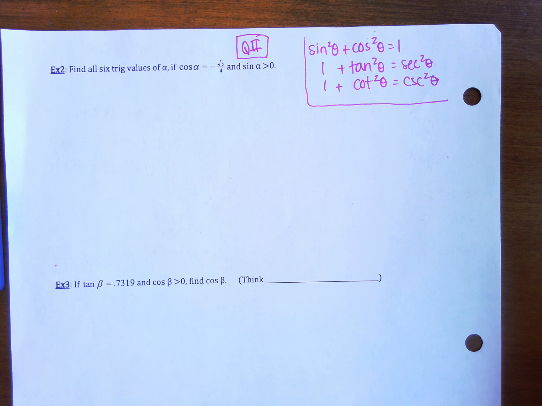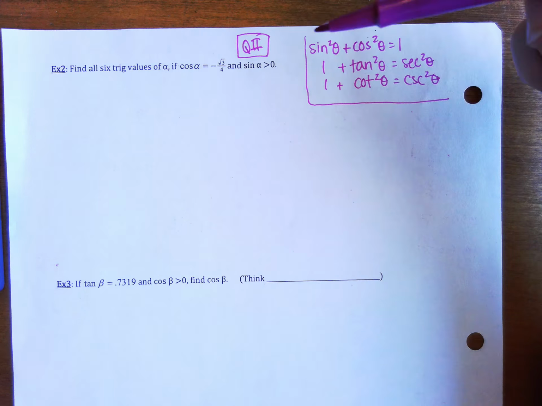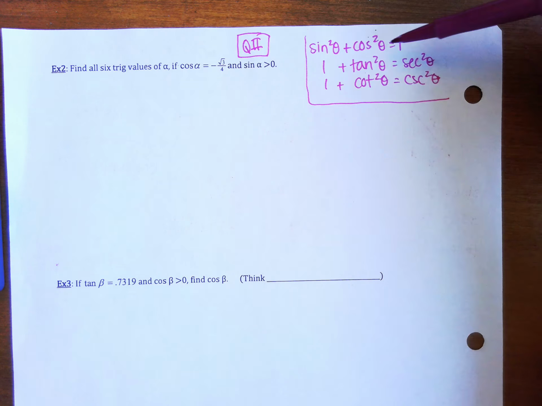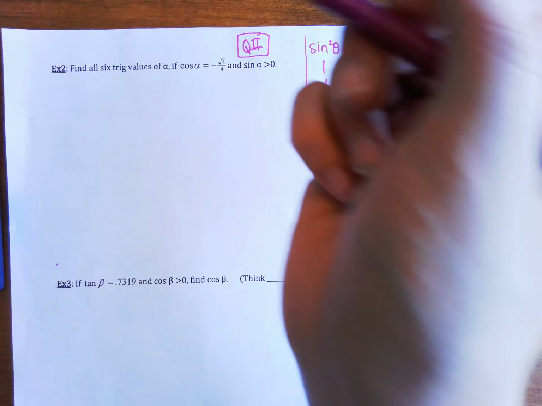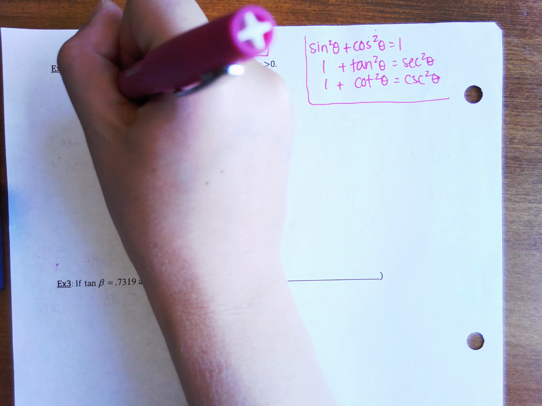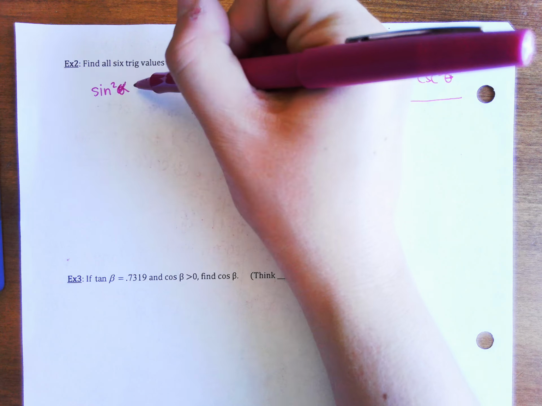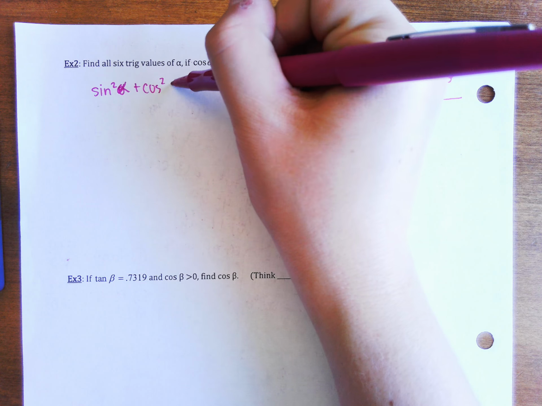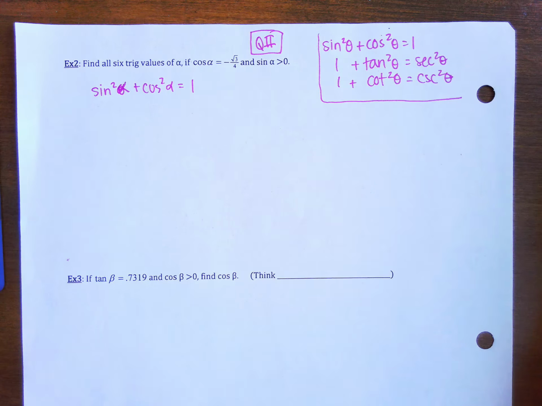So we're trying to find all of our values, so I'm going to stick with the one that I know right now that deals with cosine. So I'm going to use sine squared of alpha, in this case, plus cosine squared equals 1.